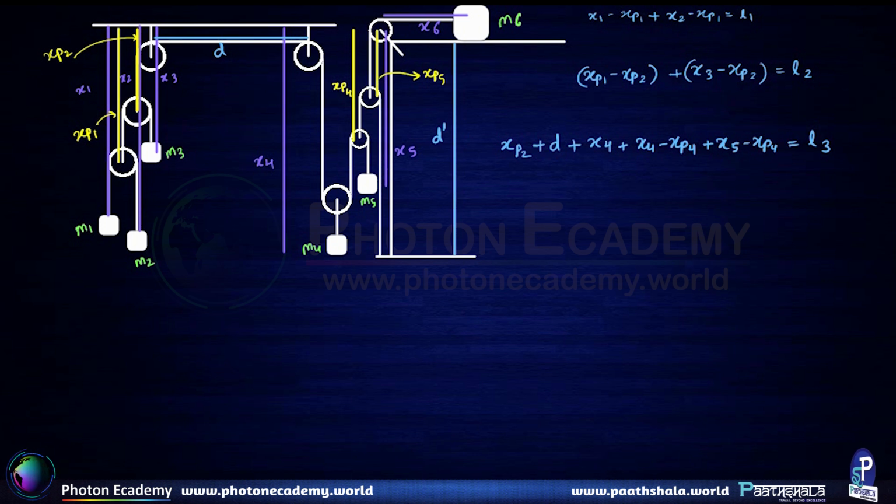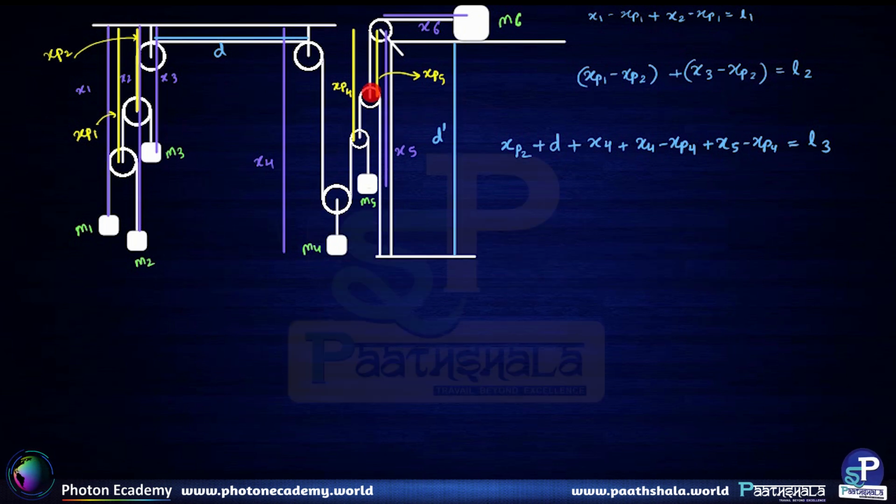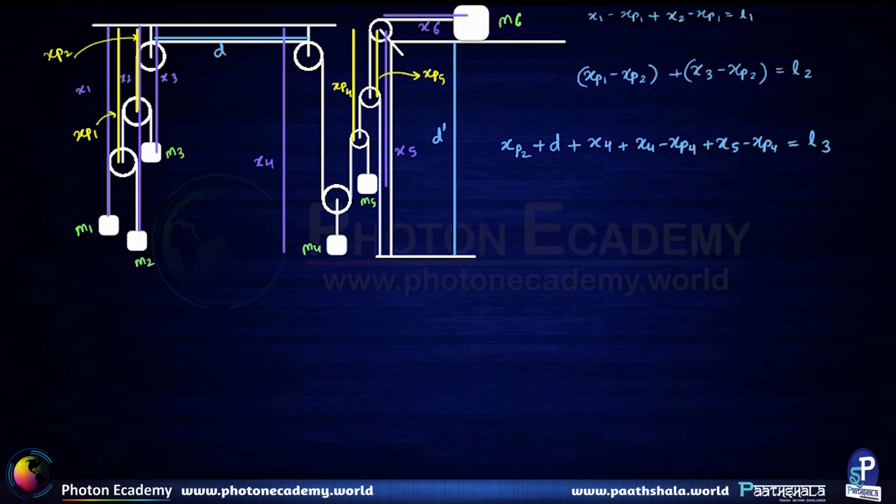Because now that we are going to do the analysis of this particular mass m5 and this particular string, we need to understand that this part of the length of the string is nothing but xp4 minus xp5, and this part is nothing but d dash minus xp5, because xp5 happens to be this much part.